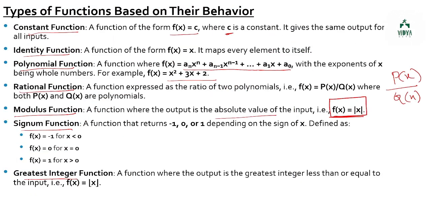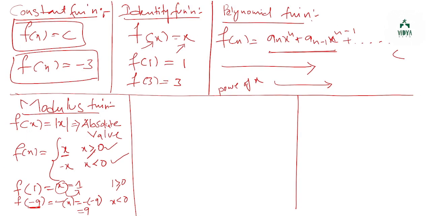Okay, what is the signum function now? A function which always returns minus 1, 0, 1. What this exactly means is it returns the sign of the value.